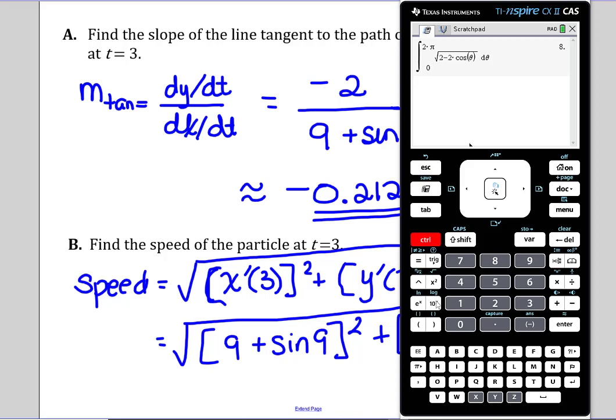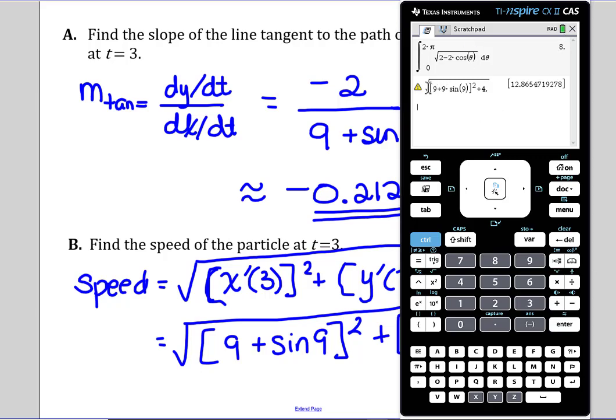we've got square root of, 9 plus 9 sine 9 squared plus 4. And we've got about, whoop, I got a different answer on my key. Hold on here a second.